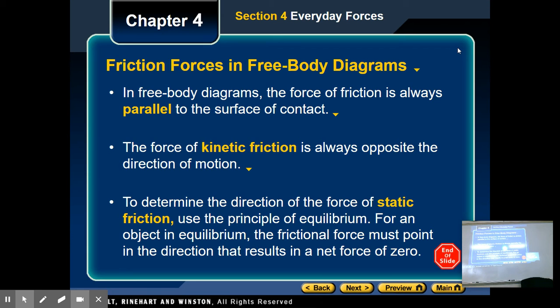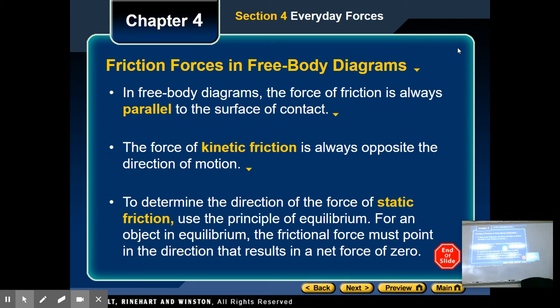Towards the front of the room. To determine the direction of the force of static friction, we have to use the idea of equilibrium, which we mentioned one or two sections ago. For an object that is in equilibrium, the frictional force must point in the direction that results in a net force of 0. So basically, anything that's going to be counteracting that in the same magnitude.